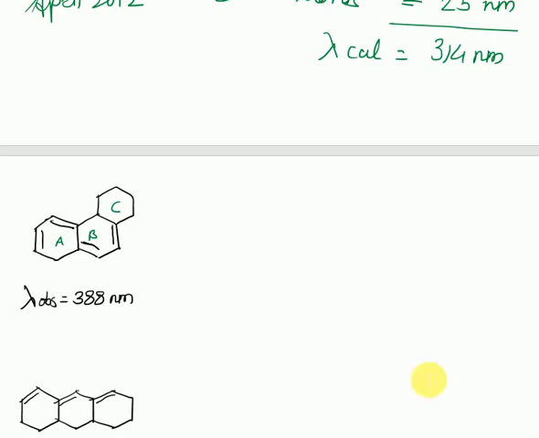Then again these two double bonds are in the same ring, so we have to consider the homoannular double bond again. The homoannular double bond contributed again by 39 nanometer value, because this extra conjugated double bond in the ring B, they are also in the same ring, that is why they are contributed by value 39.